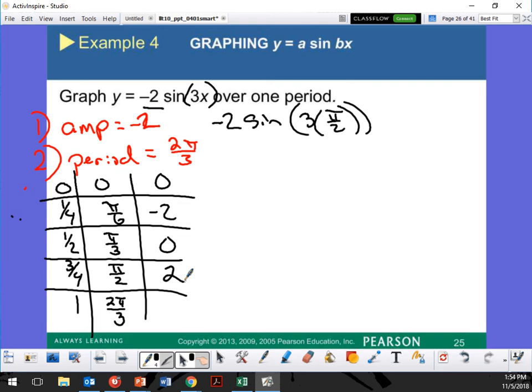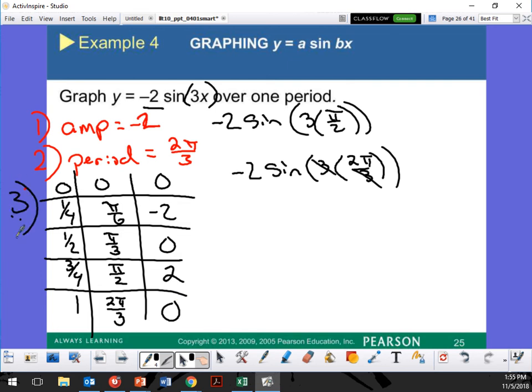Now we have negative 2 sine of 3 times, my last one is 2 pi over 3. What's going to happen to those 3's? Cancel out. So what's sine at 2 pi? 0 times negative 2, 0. There we go. So I'm done with step 3.